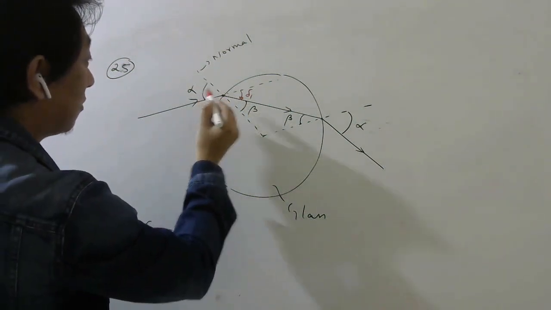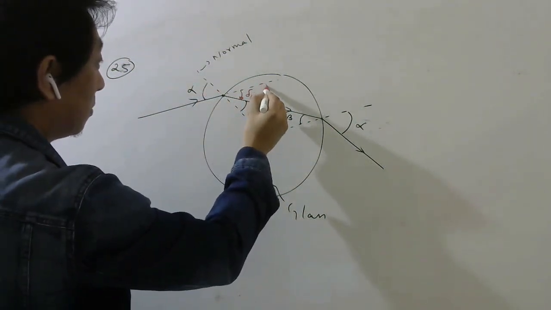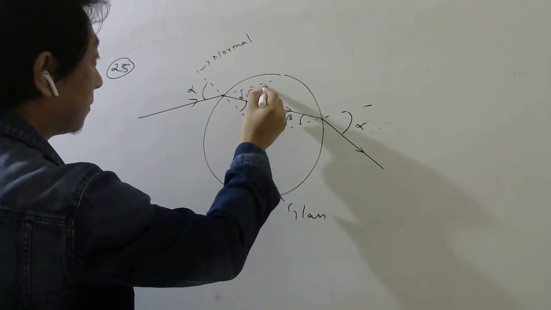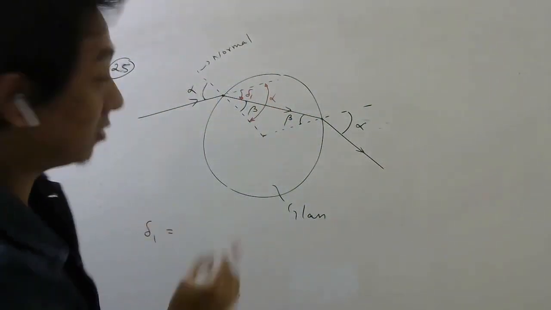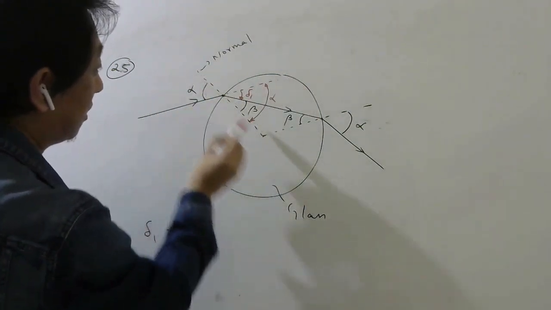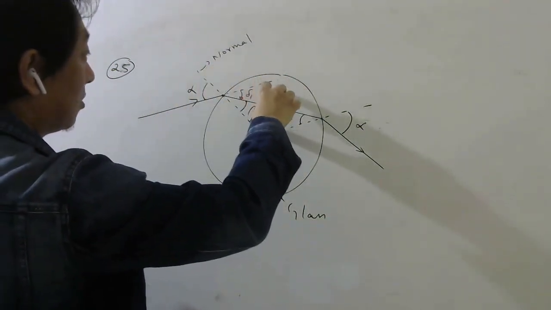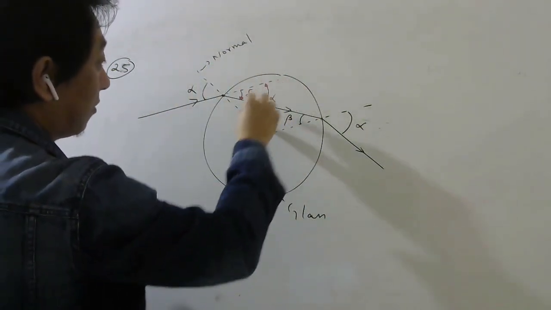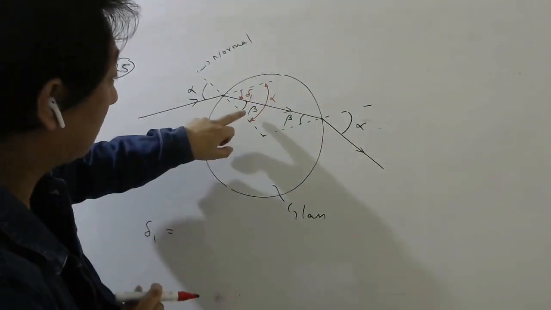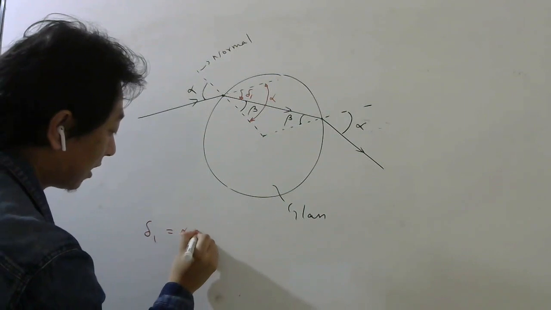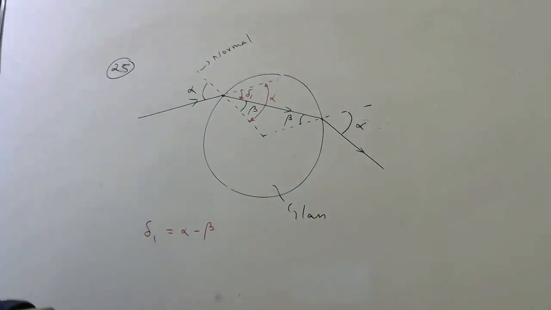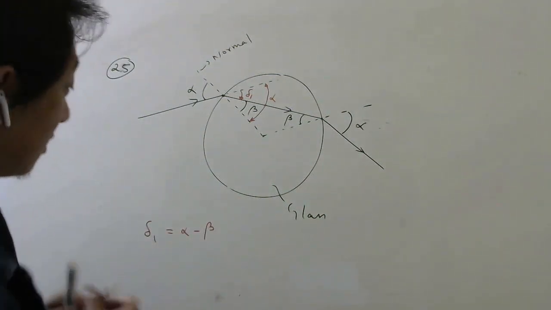If this is alpha, this angle also should be alpha, because it is vertically opposite. This is straight, this is straight. Out of alpha, this much is beta, so the remaining must be alpha minus beta. So the first deviation is alpha minus beta. Everybody clear about this? This is something very basic.